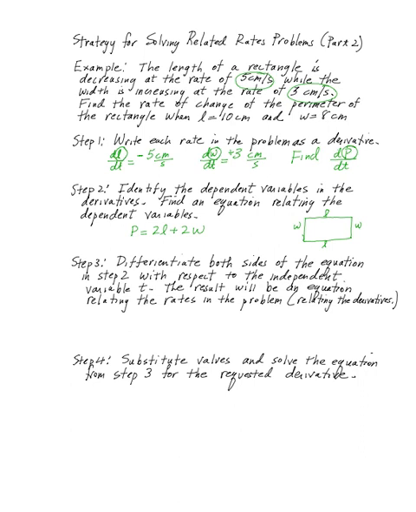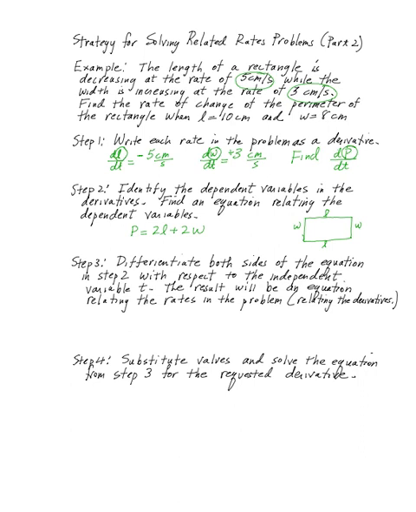Again, you always want to write an equation that relates the dependent variables from step 1. Sometimes, we all knew this equation. Sometimes, you might have the radius of a sphere, and you need to relate the radius of a sphere to the surface area.